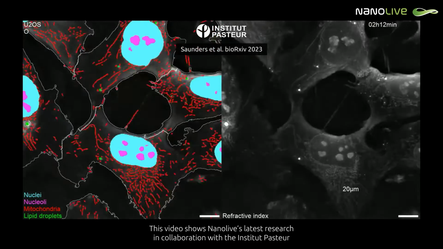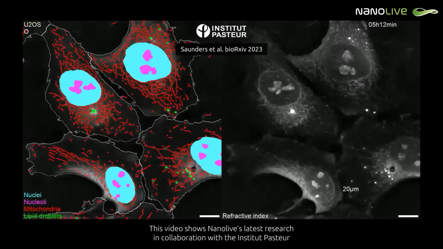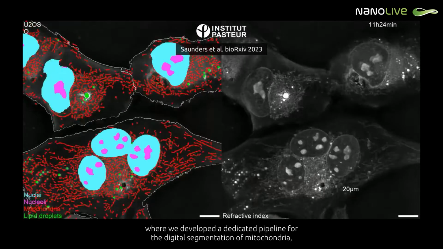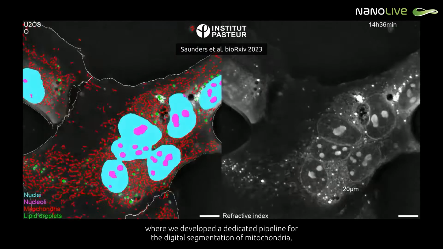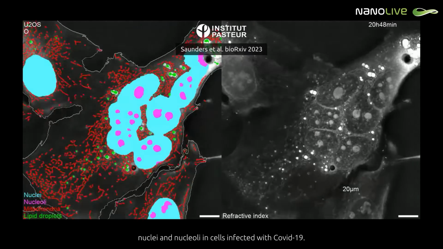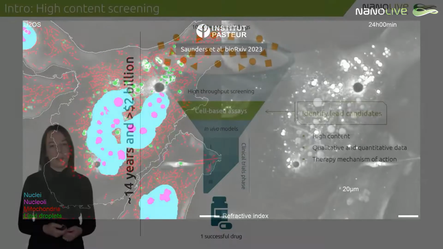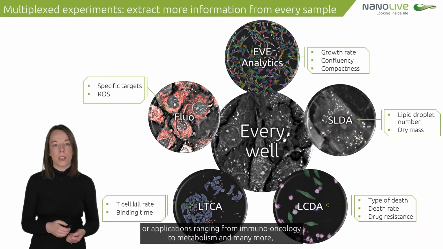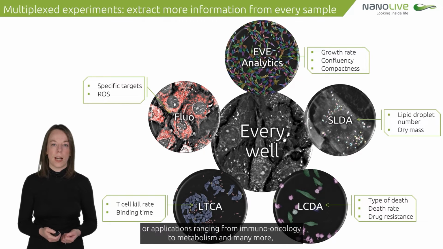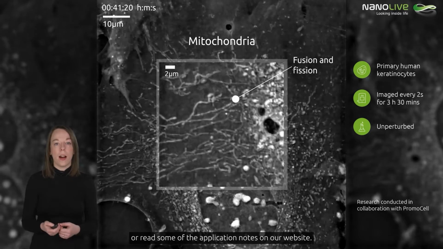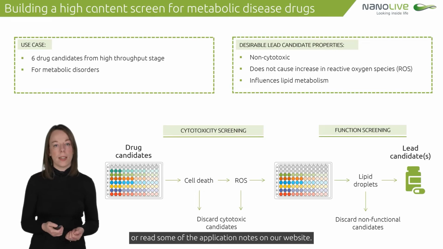This video shows Nanolive's latest research in collaboration with the Institut Pasteur, where we developed a dedicated pipeline for the digital segmentation of mitochondria, nuclei, and nucleoli in cells infected with COVID-19. For examples of our high-content imaging in action for drug discovery, or applications ranging from immuno-oncology to metabolism and many more, please see our past webinars or read some of the application notes on our website.